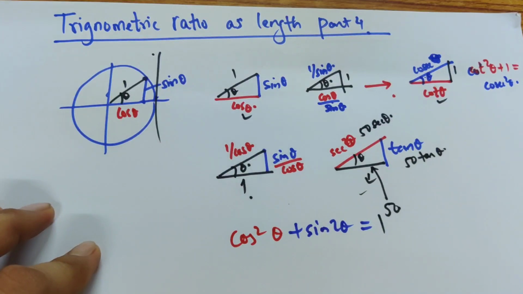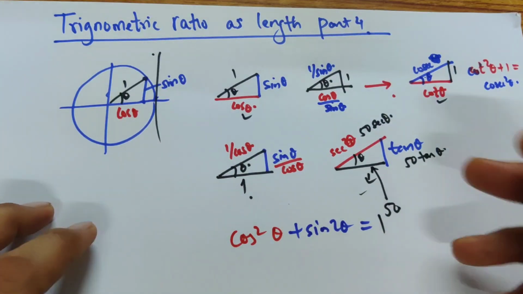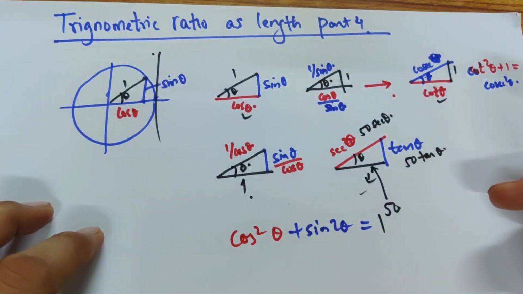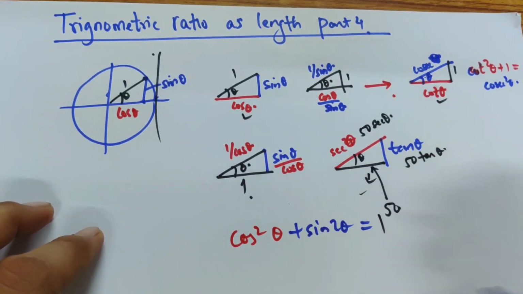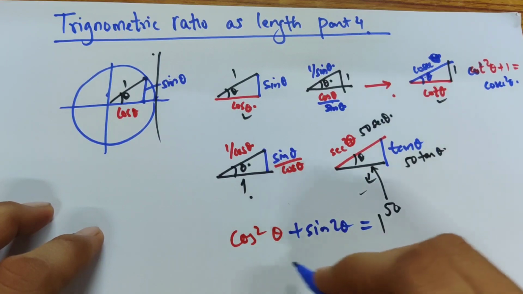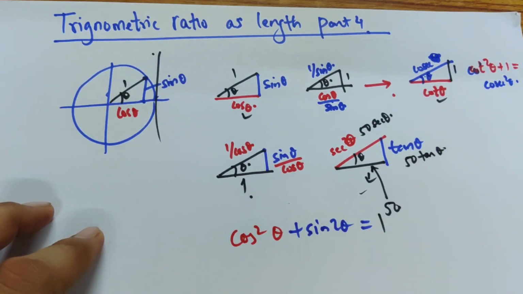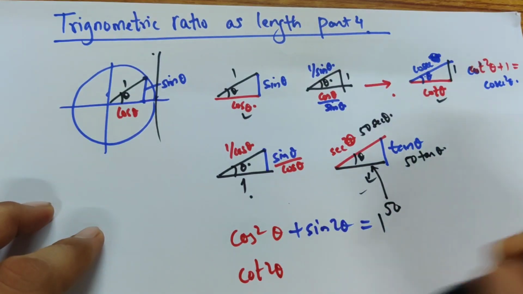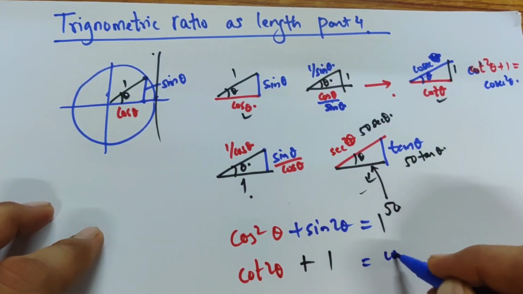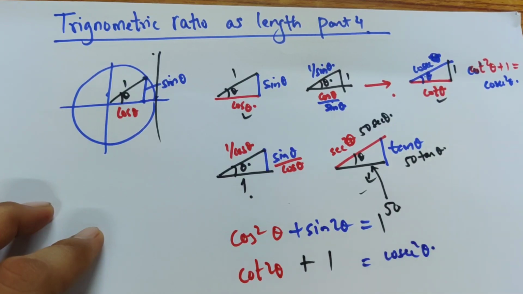Then we divide the entire equation by cos square theta. Here I'm just dividing by cos theta and sine theta, and when I do the Pythagoras theorem, of course, I end up squaring it. So if I divide by sine square theta, then I get cot square theta plus 1 is equal to cosecant square theta.